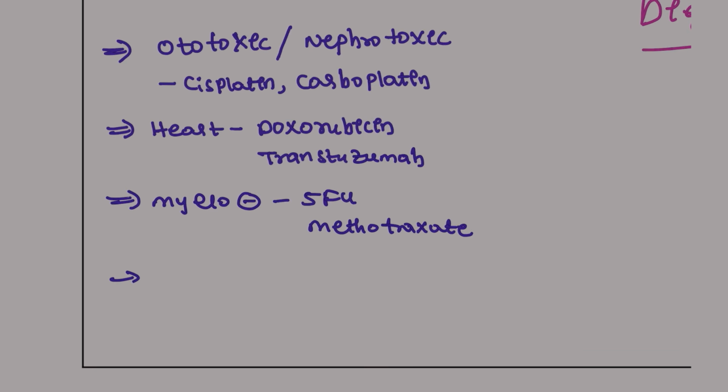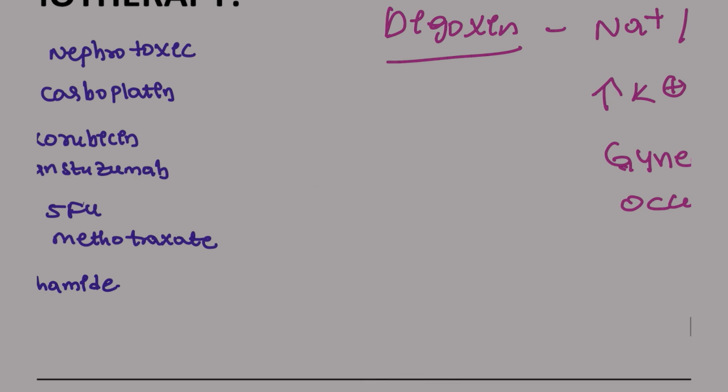Next, urinary bladder hemorrhagic cystitis is caused by cyclophosphamide.